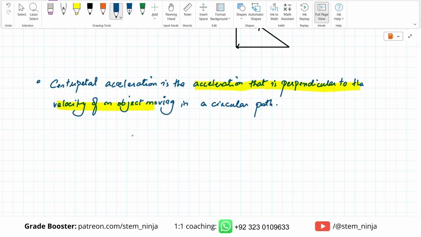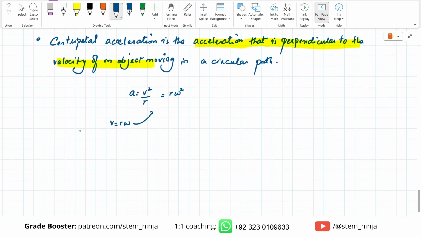Now, the derivation of the acceleration equation is not part of the syllabus, so it's just v squared over r. And if you use v is equal to r omega, this could also be written as r omega squared. This is all that's in our syllabus. Now, whenever there is acceleration, there is force also, which is explained by Newton's second law.